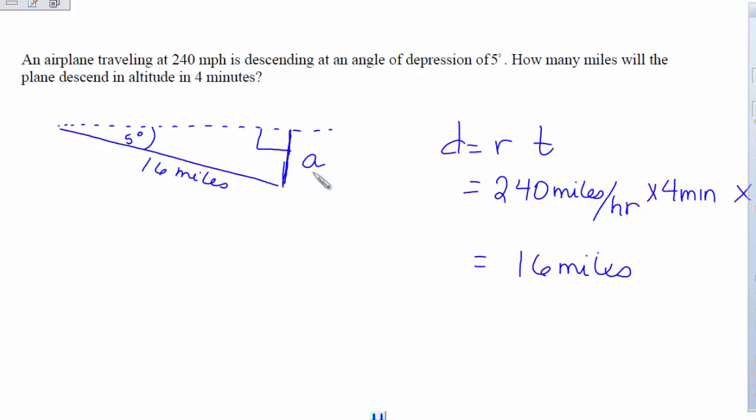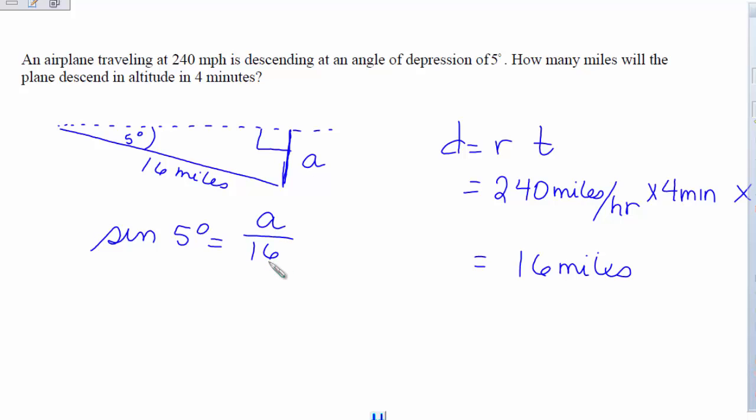So what function ties those three pieces together? Okay, for this angle, this side is my opposite, and this is my hypotenuse. So I can say that sine of 5 degrees equals the opposite, which we've noted by A, over the hypotenuse.